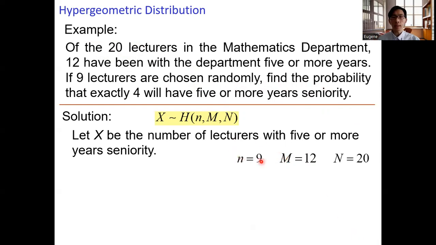The sample size 9 is not relatively small compared to the population size. Small n over big N is greater than 0.05. So the hypergeometric distribution is more appropriate, and it gives the exact probabilities. So we have X follows the hypergeometric distribution with parameters 9, 12, and 20.